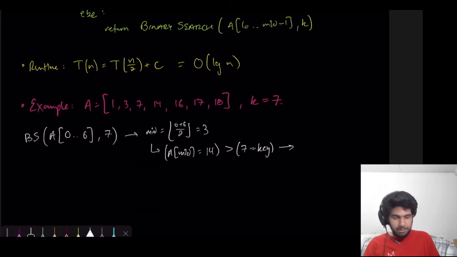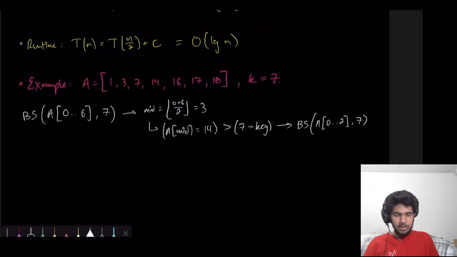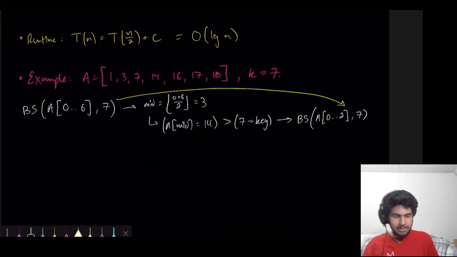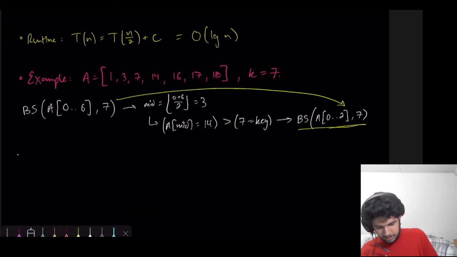That tells us we have to do binary search on A from low, which is 0, up to mid minus 1, which is 2, and keep our key, which is 7. So this returns this. Now we have to figure out what this binary search is. Let's evaluate that: binary search, 0 to 2, comma 7.